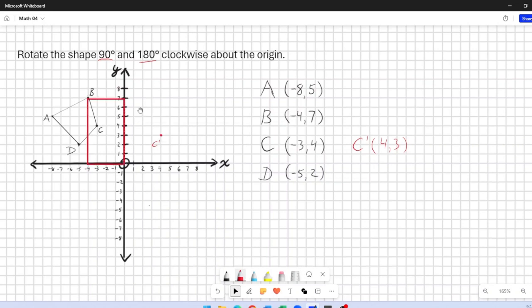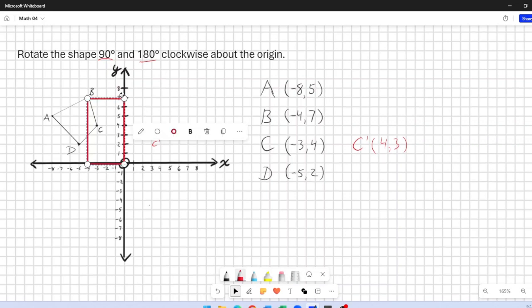When I rotate this, where's that rotation? There it is. We're going to go sideways, but again, we're rotating about the origin here. So it's going to go right there. So point B is now right here.